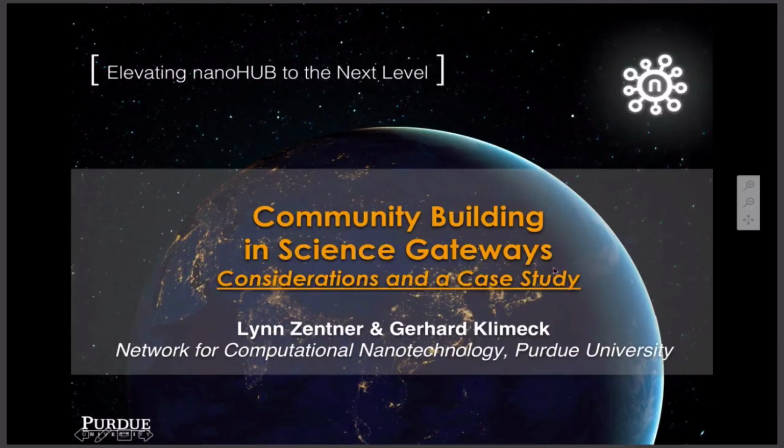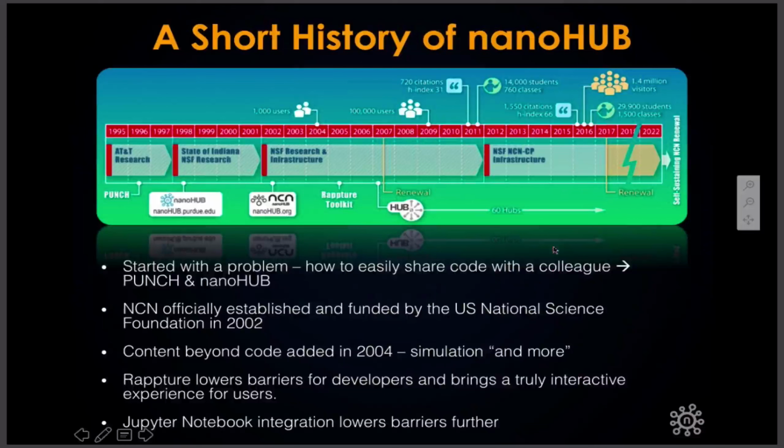All right, so, short history of nanoHUB. It's been around for many, many years. We're pretty much the granddaddy of all hubs that are based on HUBzero. The germ of the idea for nanoHUB started in the mid-1990s with something called Punch.